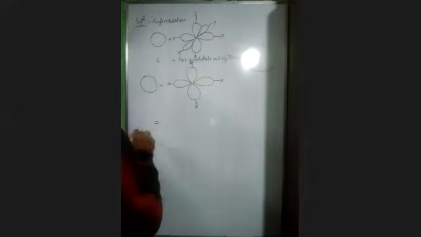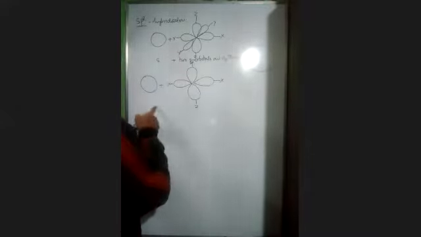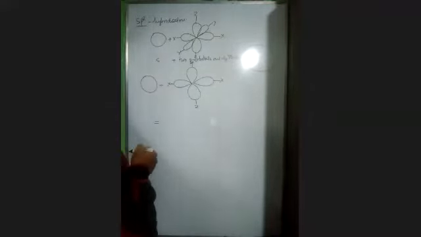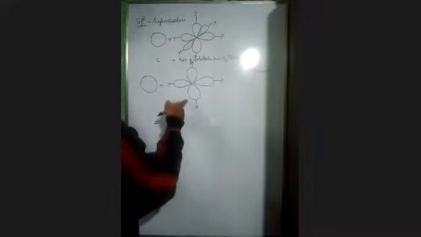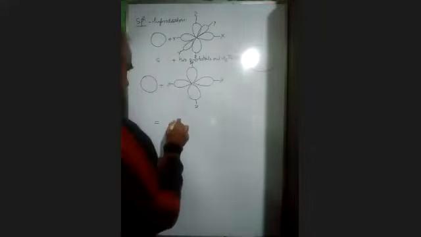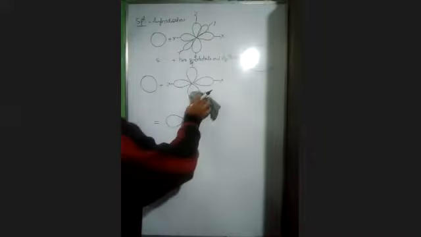So what we are going to get if I hybridize it, because we know as many orbitals as you mix, you will get the same number of hybridized orbitals. So it's 1 plus 2. So we are going to get a set of 3 hybridized orbitals.